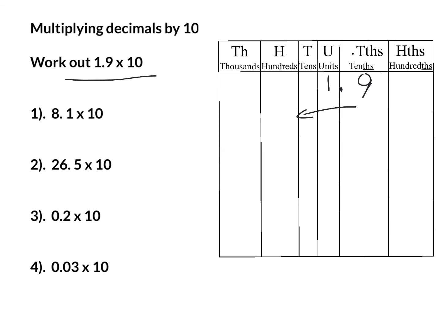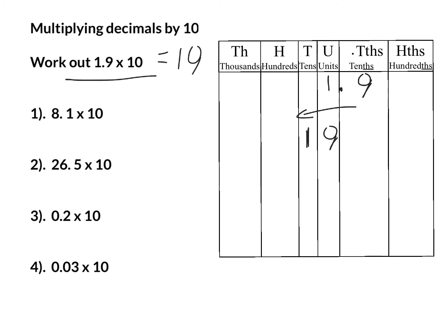Okay, so the 9 would now be in the units column because I've made that 9 tenths 10 times bigger, and I'll move the 1 unit here over into the tens column, which shows that this number multiplied by 10 is now 19. Okay, so that is how you complete questions like that.